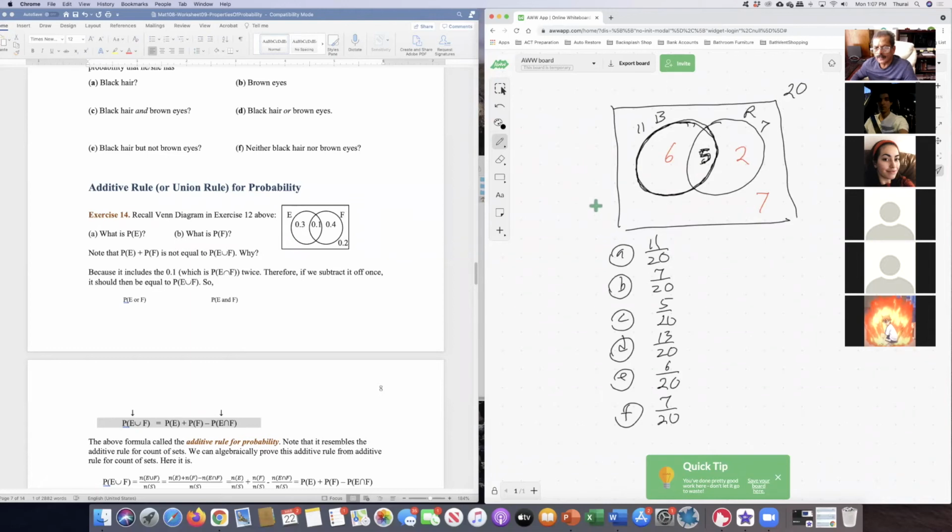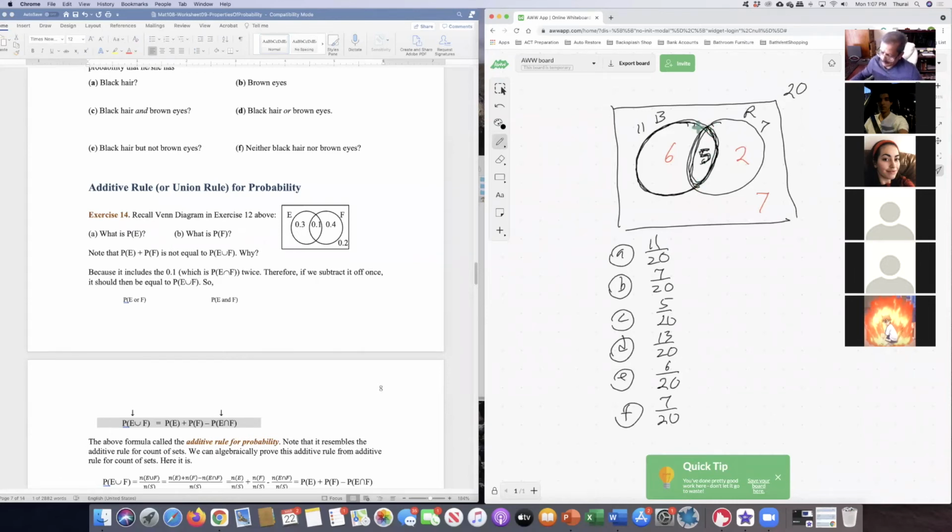But if you add the number of elements in B, that's 11. Number of elements in R is 7. 11 plus 7 is 18. Why is 11 plus 7 not equal to the count of the union? Because these 5 are getting added twice when you add the 11 and 7. The 11 includes the 5, 7 includes the 5.